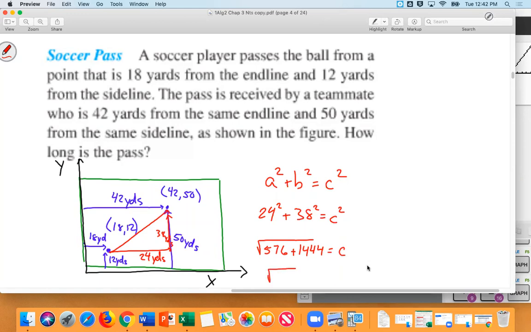576 plus 1444 is 2020. Oh, that is so weird. Square root of 2020. Ugh.